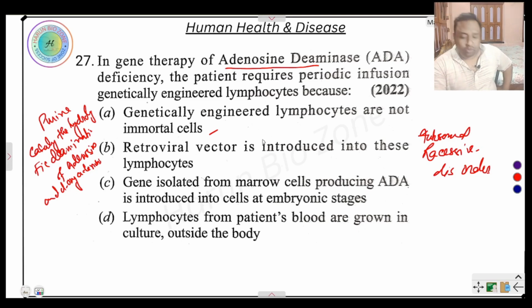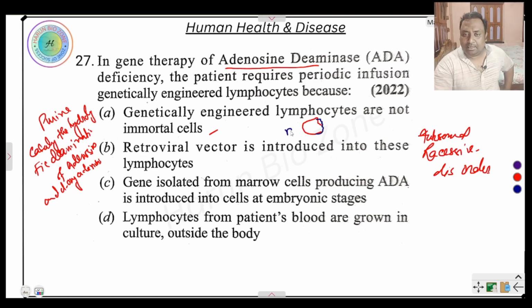Clear? So, the cells are attached to the retroviral vector, retrovirus, and the ADA gene is incorporated with this DNA.